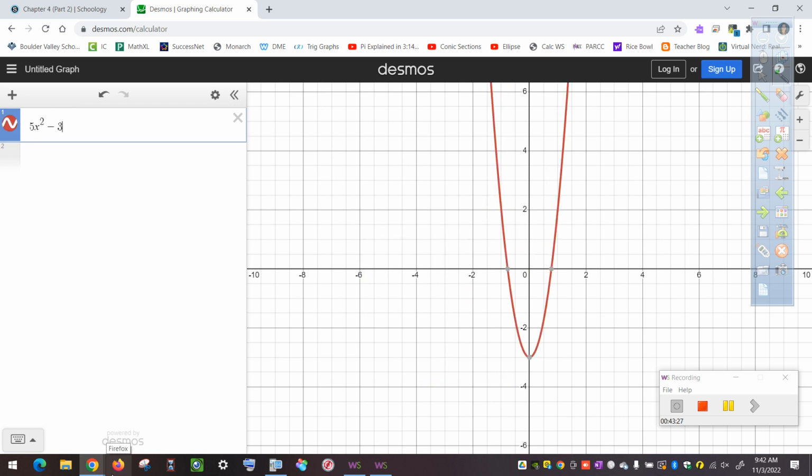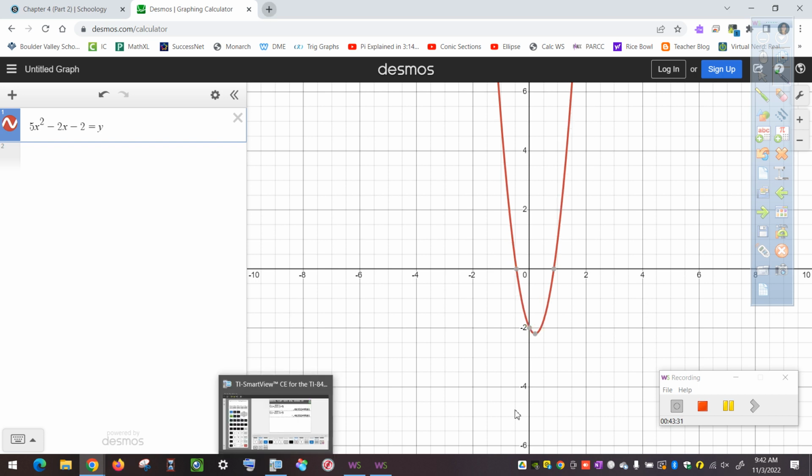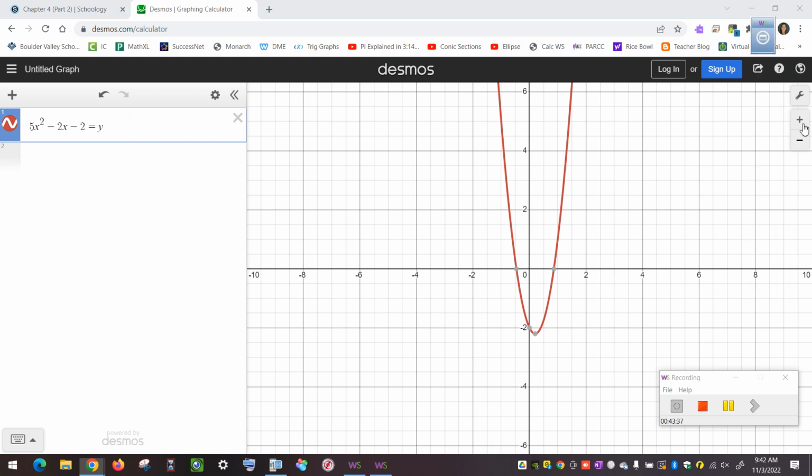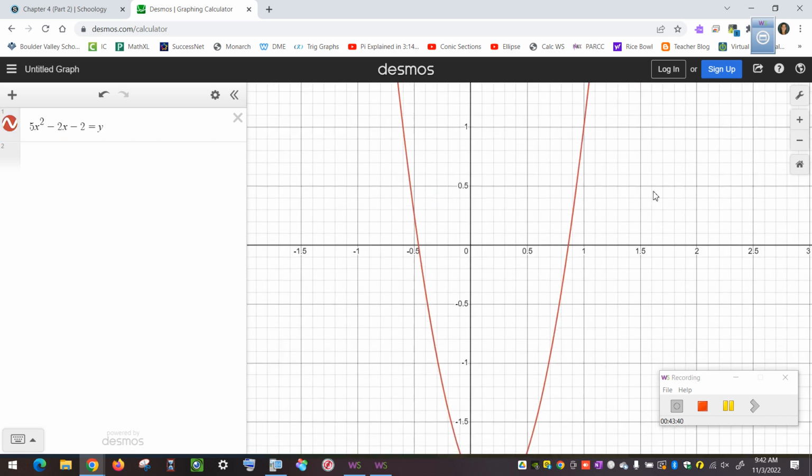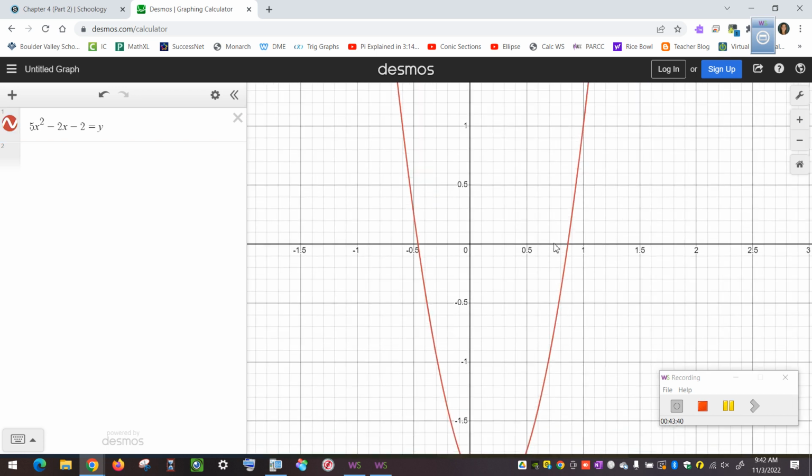So if I were to type this one into Desmos, and I'll switch over here and show you in just a moment, I'm going to take the same thing that we started with, and I'm just going to put a y equals in front. And if I zoom in, notice how I don't have nice whole number x-intercepts like I did before, but look, if we click on them, those are the same decimals that we just got, 0.863 and negative 0.463.